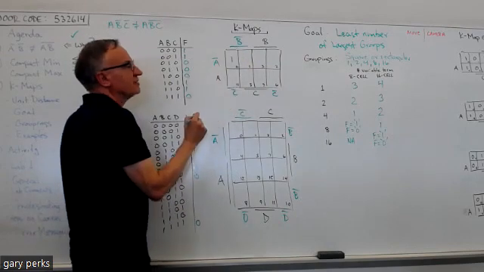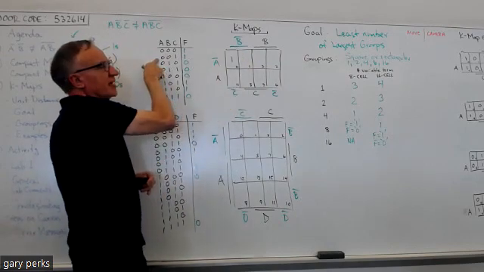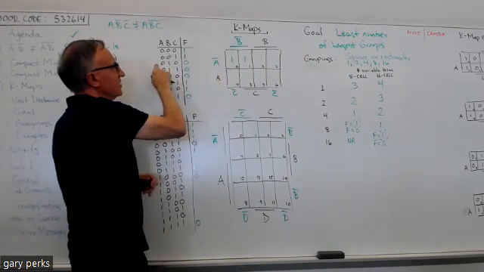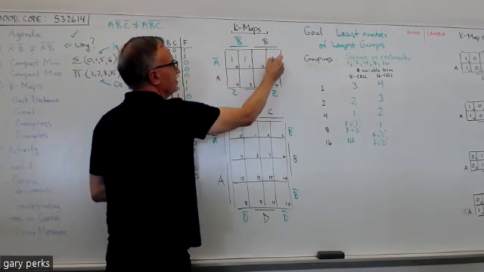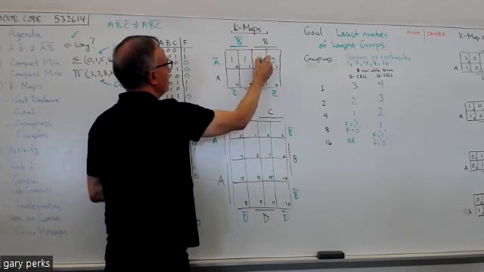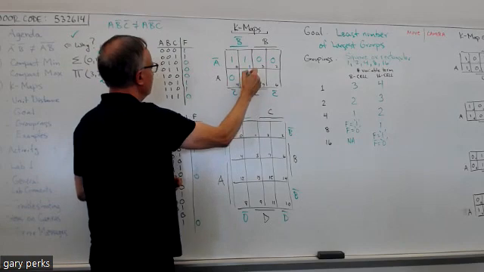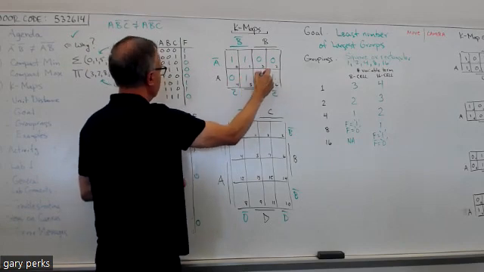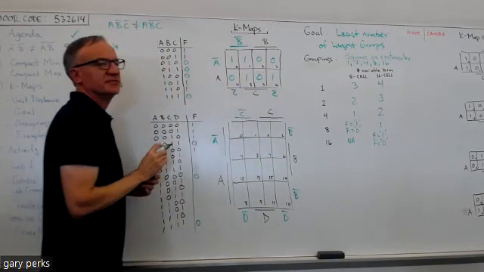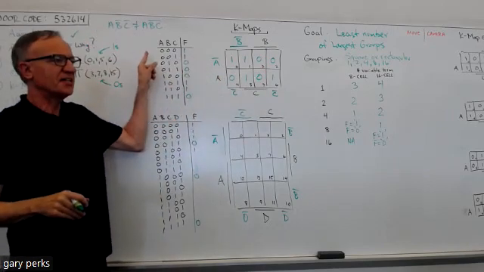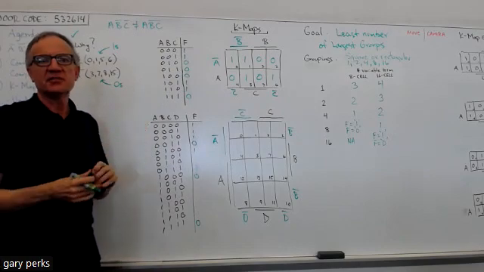So you see, I put a 1. The next cell, cell 1, is also going to be a 1. Cell 2, 0, cell 3, 0, cell 4, 0, cell 5, a 1, cell 6, a 1, and cell 7. So you see, inside each cell is the output that goes with that input.